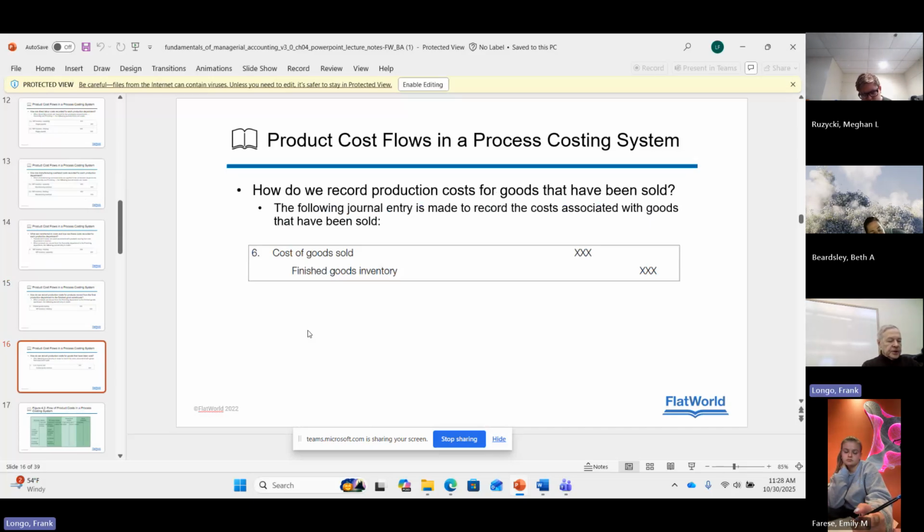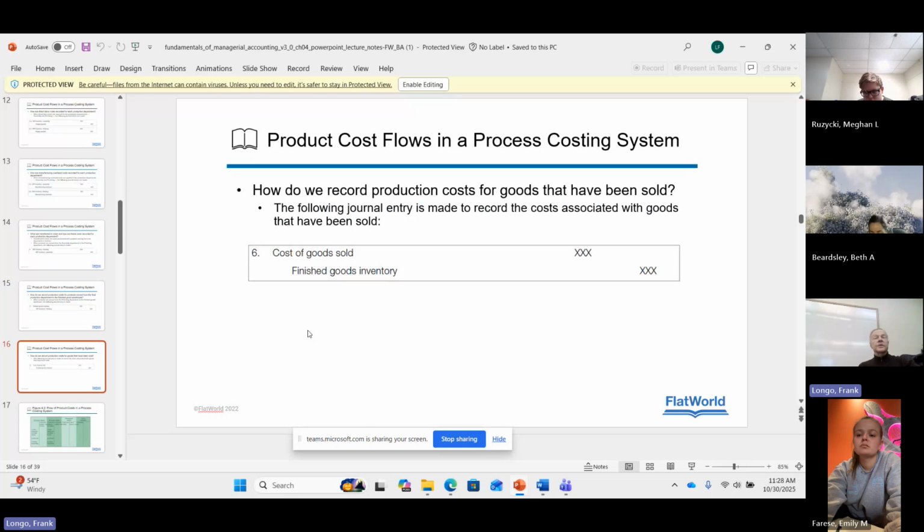So my last question for online participants: what kind of an account is cost of goods sold? The answer is, let's look at the words.